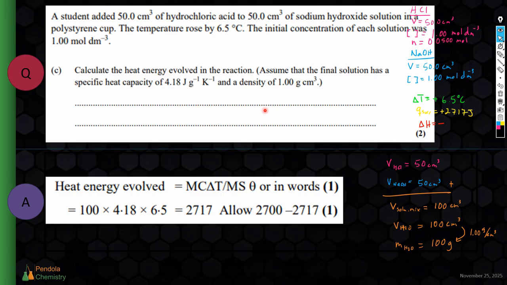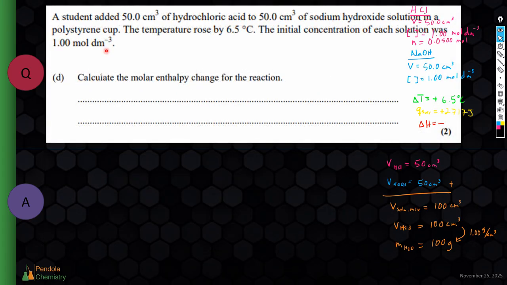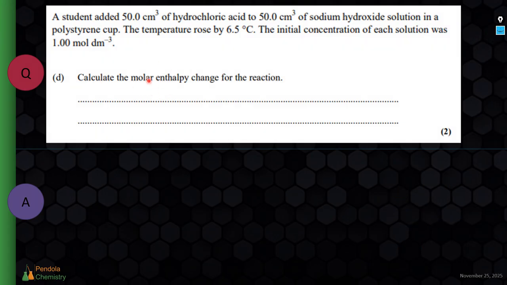The last thing we're going to end up doing is that we need to find the enthalpy change. So guess what? If B was finding n, and C is finding Q, then what do you think D is going to be? D is, again, same prompt, same heading here. Calculate the molar enthalpy change, or just enthalpy change, for the reaction.